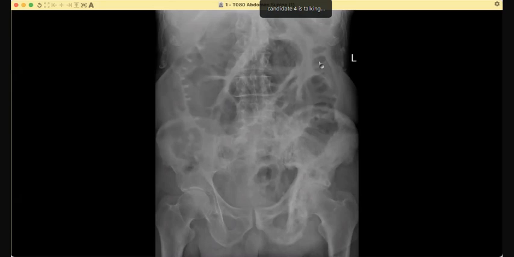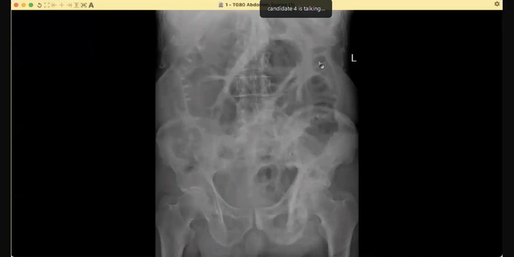The left hip joint shows significant sclerosis and loss of joint space, and there are areas of lucencies and sclerosis. That would be either degenerative changes or avascular necrosis of the left hip joint, secondary perhaps to immunosuppression with steroids, which complicates hip AVN in this patient.